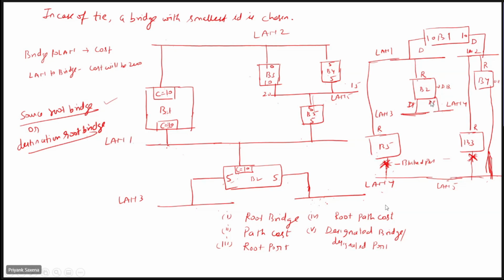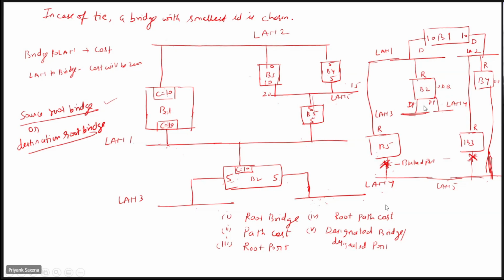Every LAN has a designated port which goes towards the root bridge. Every LAN forwards a frame to a port which forwards it towards the root bridge; that is called the designated port for this LAN. And this bridge will be called the designated bridge for these LANs.